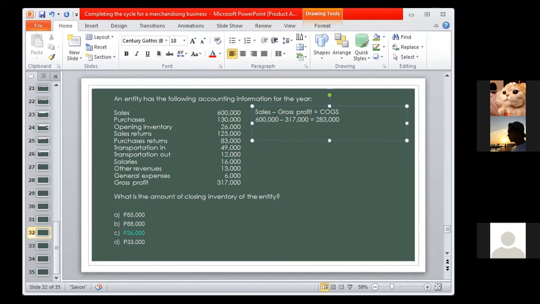Para kunin yung ending inventory, meron na tayong net purchases. Lagay natin, net purchases, kanina nakuha natin, 47,000.